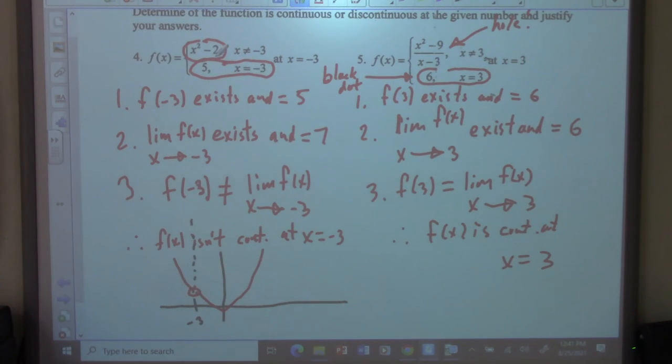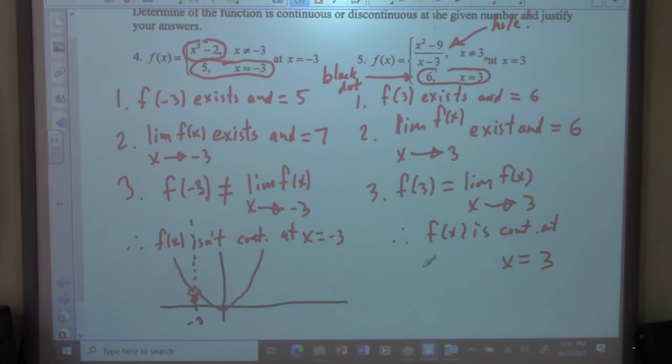But then they're saying that at x equals -3, the value of the limit is going to be 7, but right here there's a point at 5. So there's a point right here, the function's defined, but does that point fill in that hole? No, it does not. And so that's why we're not continuous.